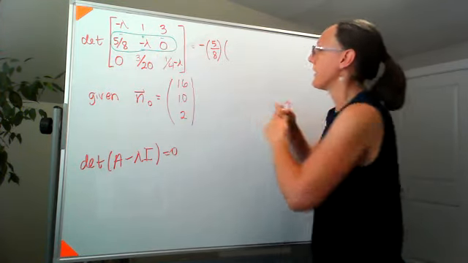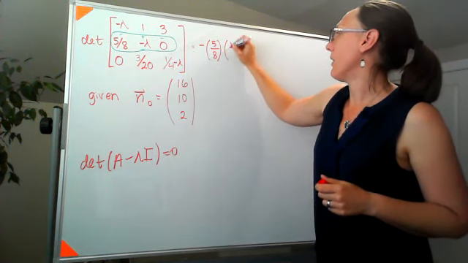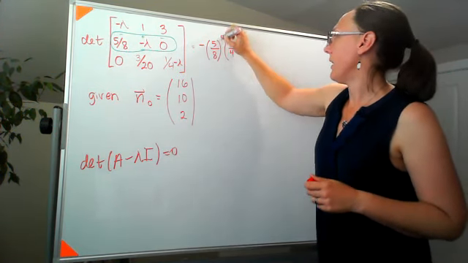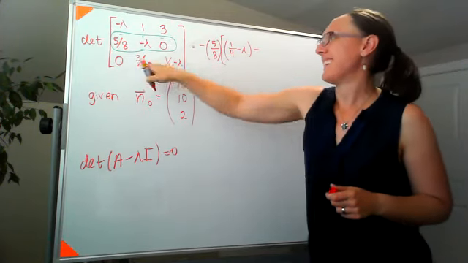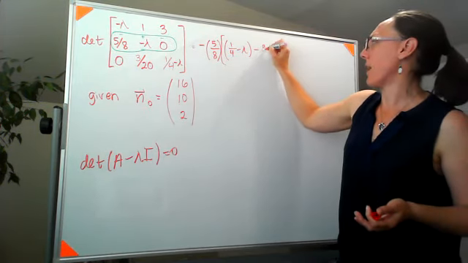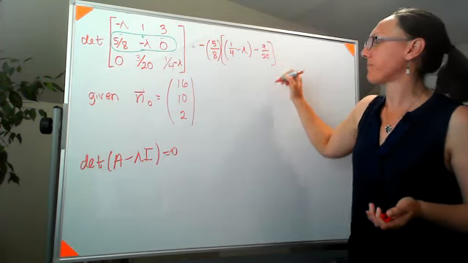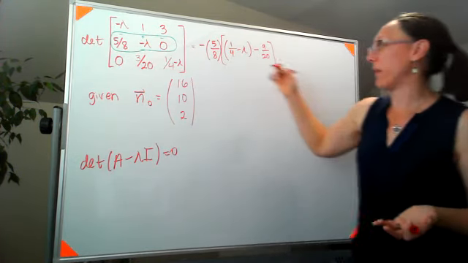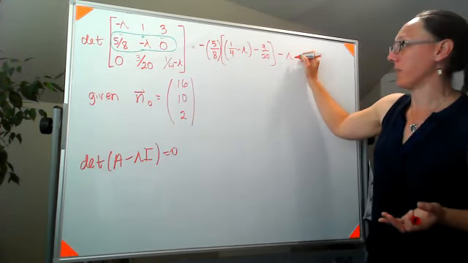So I'll have 1 times, I'll have 1/4 minus lambda times 1, and then minus 3 times 3, so 9/20. I'll have a plus, but it's already a minus lambda, so minus lambda.